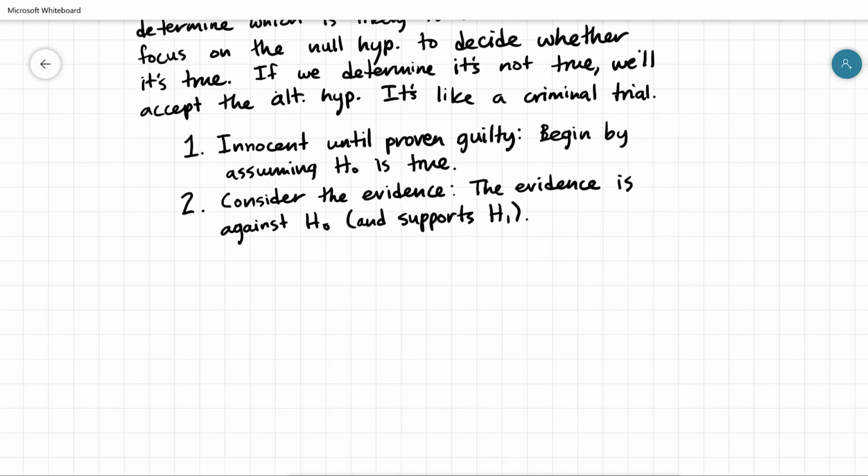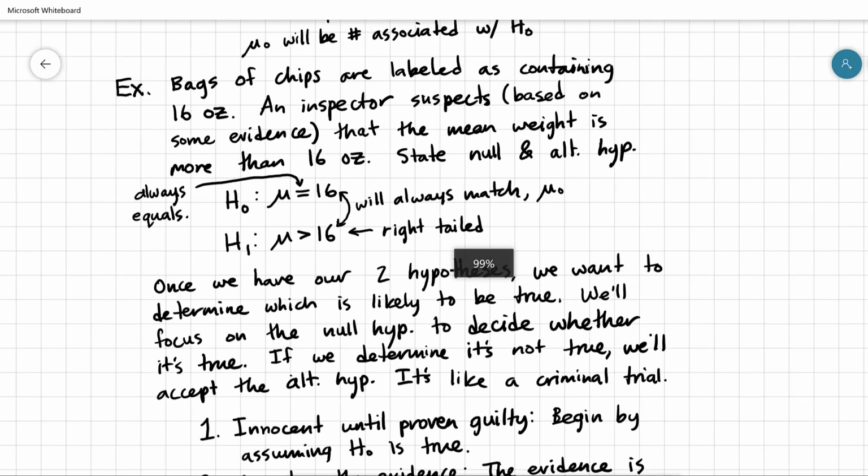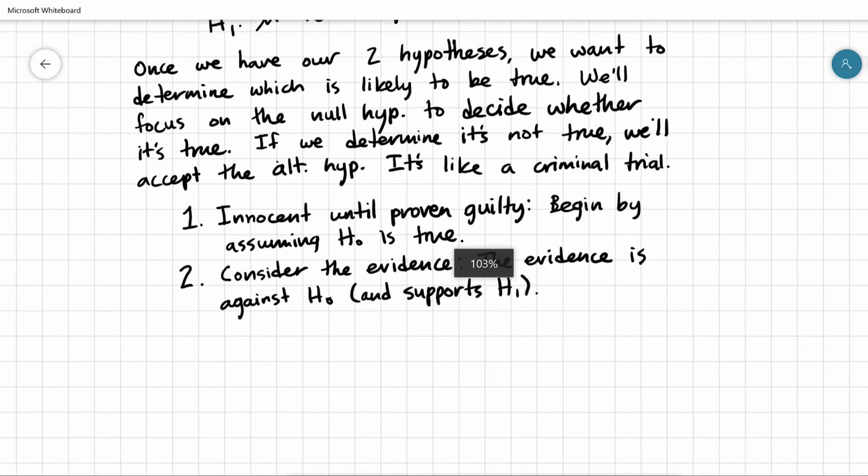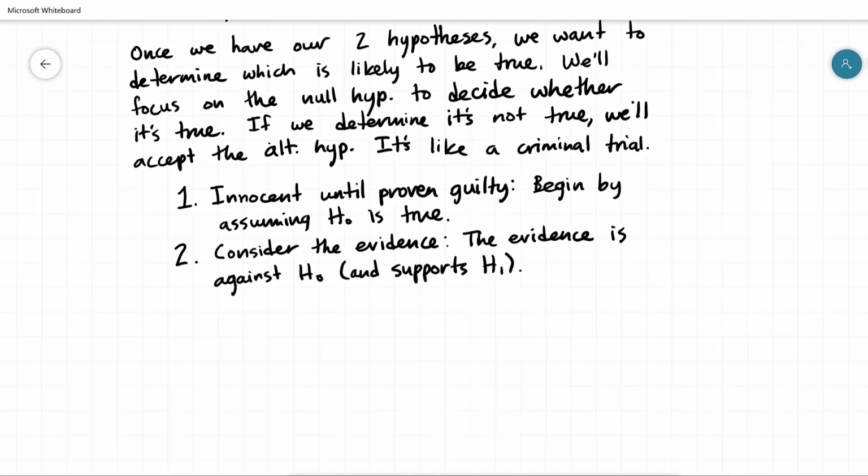As we saw in this example with our bags of chips, this evidence, which was unspecified, indicates that the bags weigh more than 16 ounces. So there's some indication, there's some evidence that the null hypothesis is false, that the true weight of the bags is not 16 ounces. There's evidence that refutes this idea and that supports this. We want to figure out how strong that evidence is. So the evidence is against H naught.